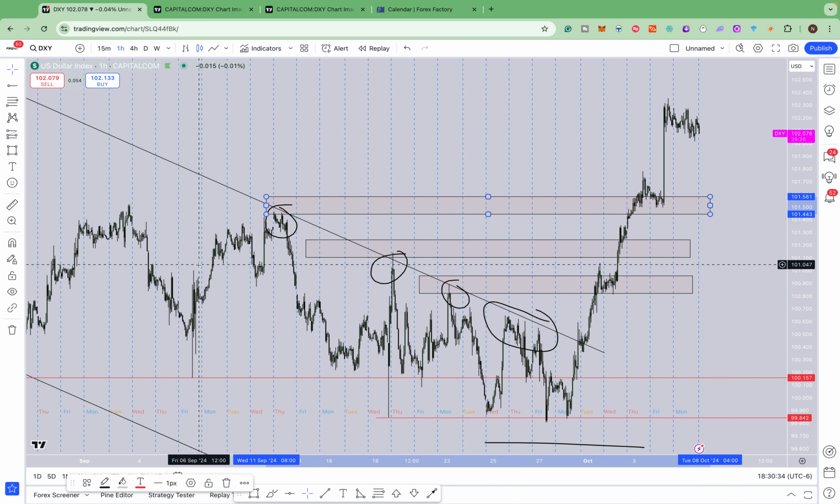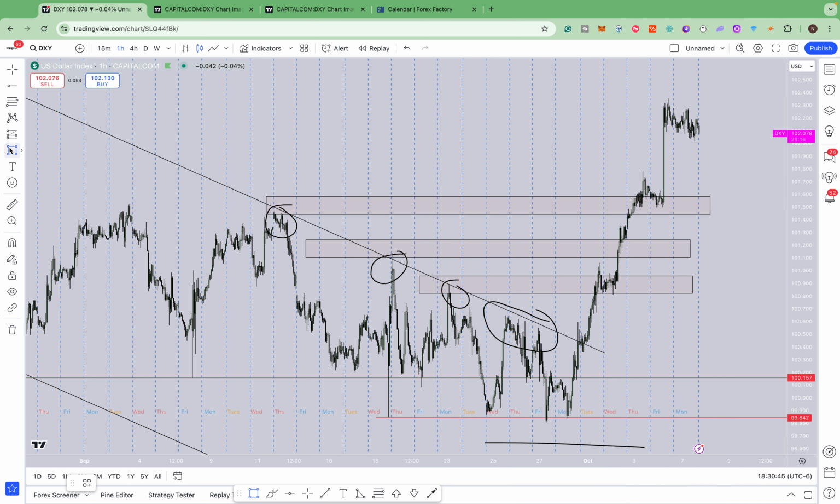And then something very curious about the euro, which makes me believe even more that the markets are completely manipulated, is that this FOMC rate cut event happened right here. That was the first breakout past this support level at 100.157.